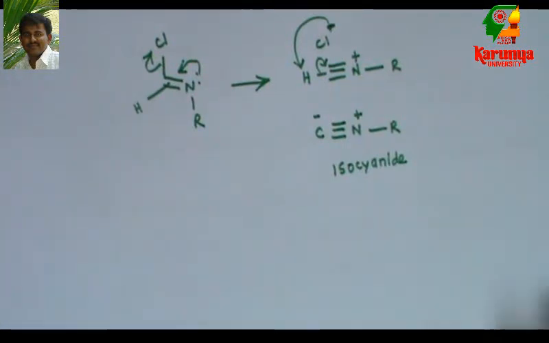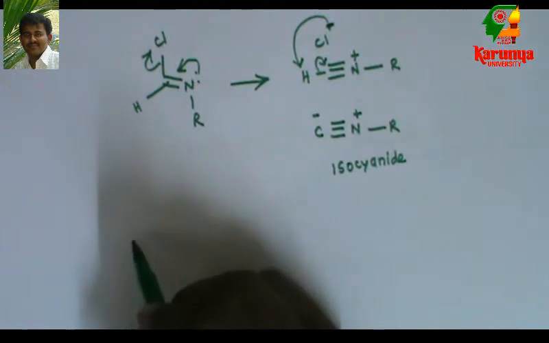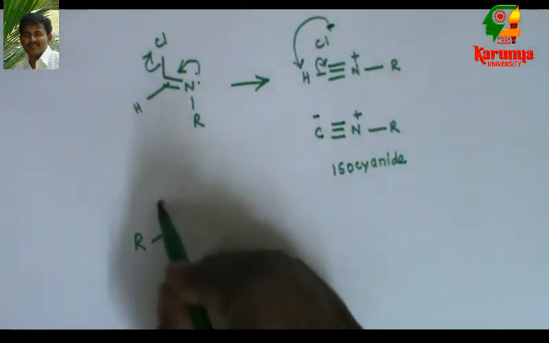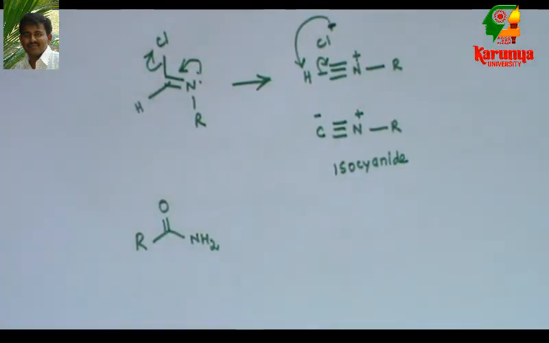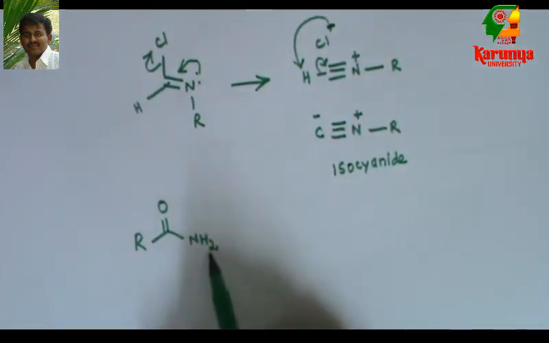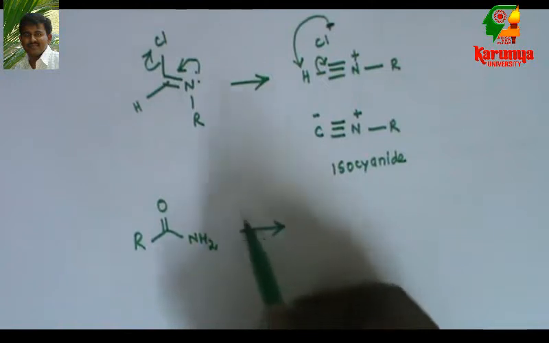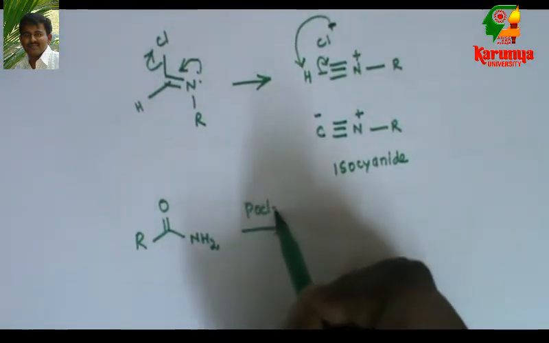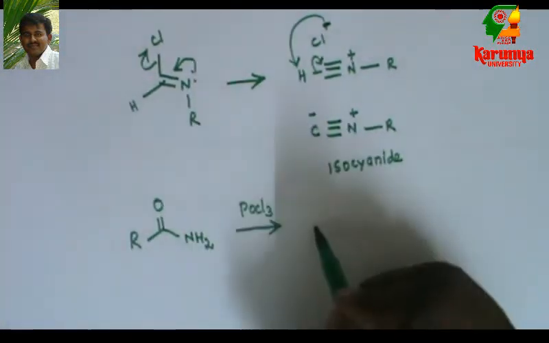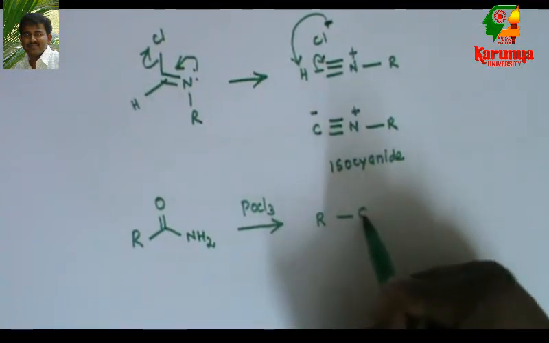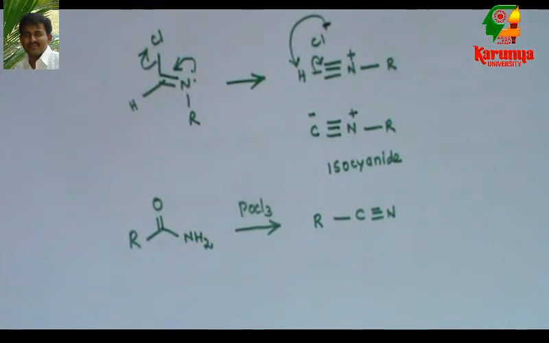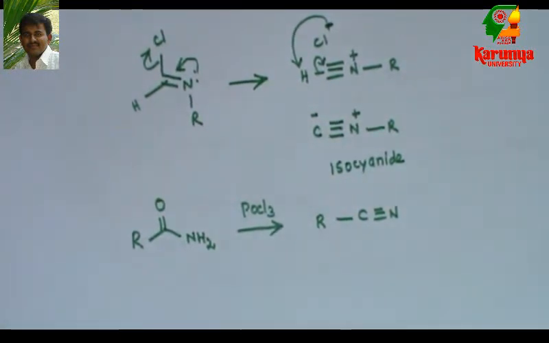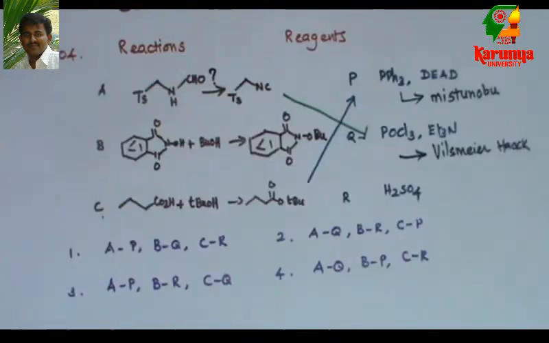A similar reaction is also known with a simple amide like this. There are two hydrogens. If you treat this with POCl3, the product whatever we get will be a nitrile. The mechanism is similar to this. You can try and practice yourself.